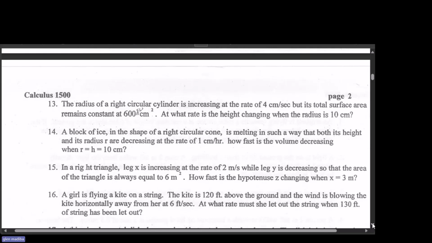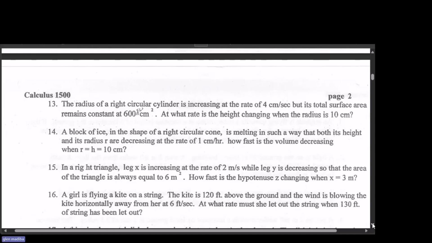At what rate must this girl let out the string when 130 feet of string has been let out? A girl is flying a kite on a string. The kite is 120 feet above the ground.